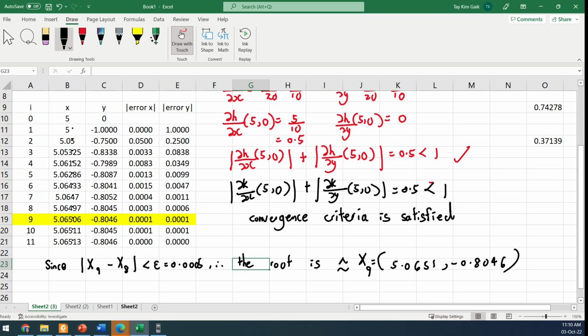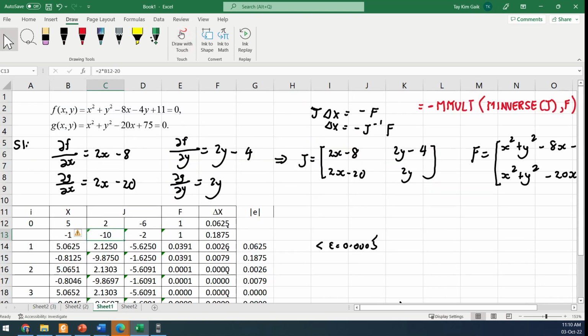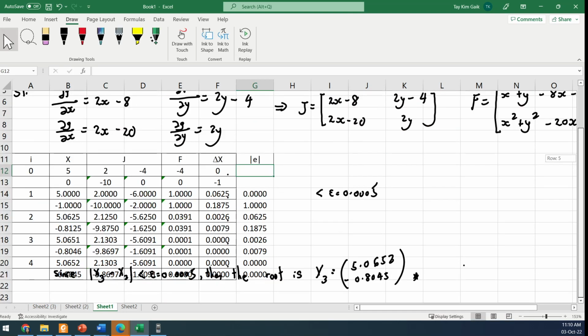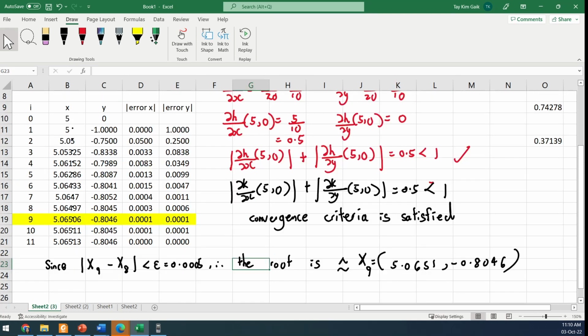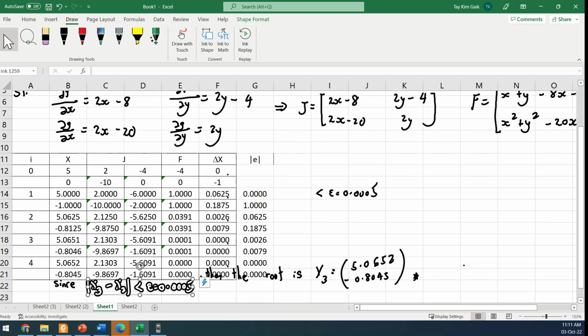Each method gives a slightly different answer. If I put, let's say, 50 here, you see 5.0652. If you use this one, 5.0651, it is slightly different, because it is a different method. So the answer is slightly different.